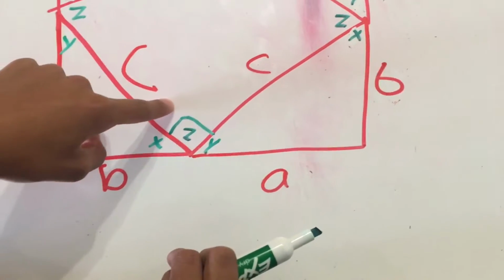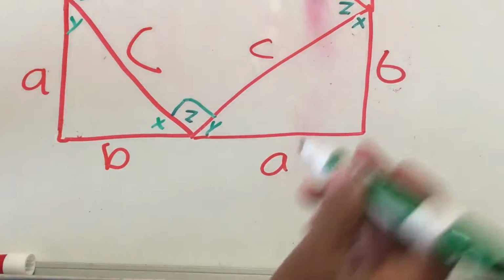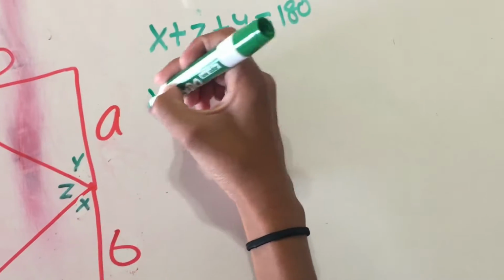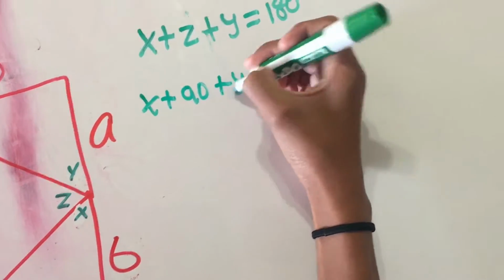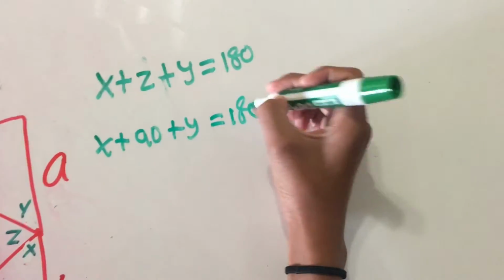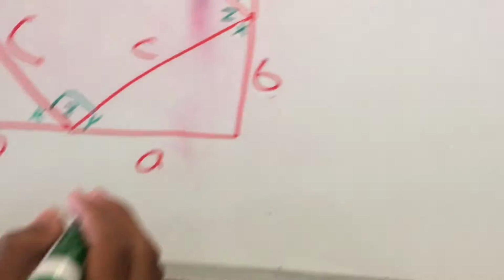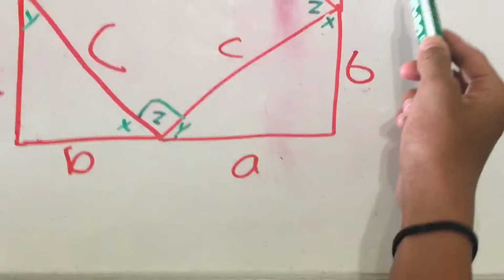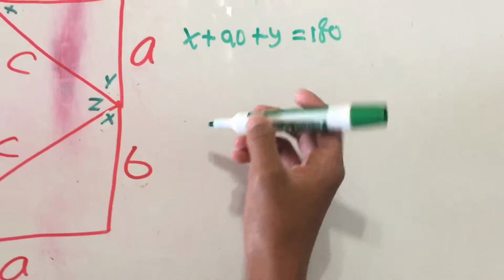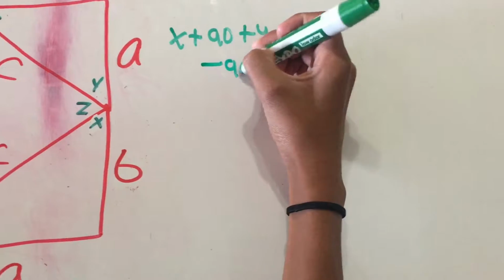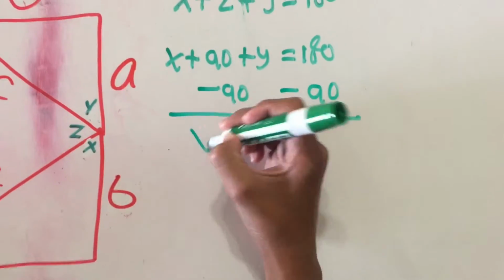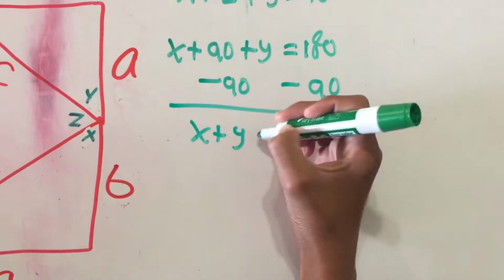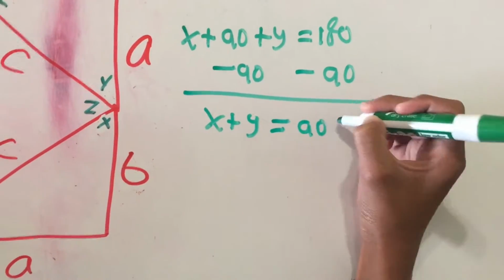And we know that z is a 90-degree angle, so we can put that in an equation: x plus 90 plus y equals 180 degrees. So in order to get x and y alone, we subtract 90 from both sides, and we get x plus y equals 90 degrees.